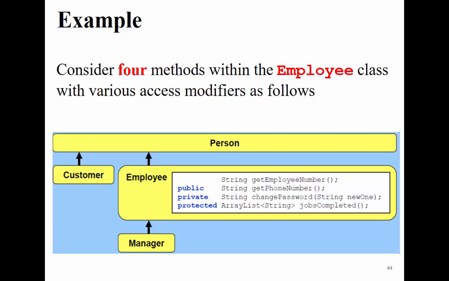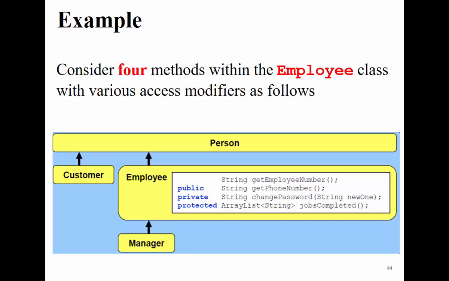And we have these methods defined inside the employee. What are these methods? Get employee number, get phone number as public, change password as a private method, and as a protected method, get job completed. Okay, that will return the array list of strings, the list of the jobs that the employee is completing. And this method is defined as protected.